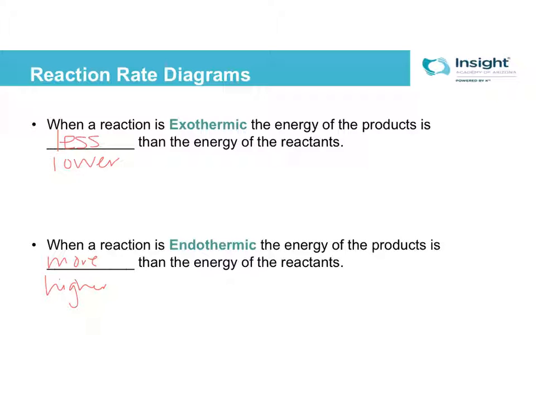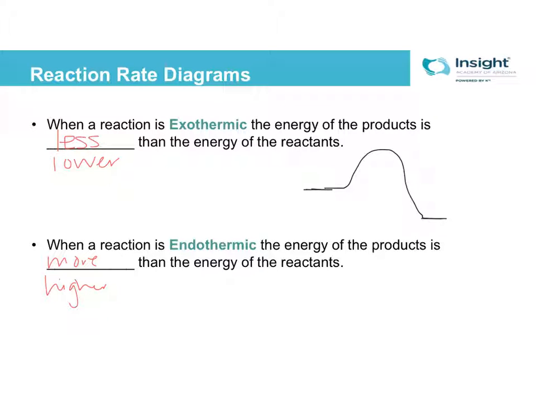A good thing for you to be able to do is see if you can draw on your own what this would look like. In a reaction rate diagram for something that's exothermic, the energy of the products is going to be lower than the energy of our reactants, and just remember there's always going to be that hump for the activation energy in between these.